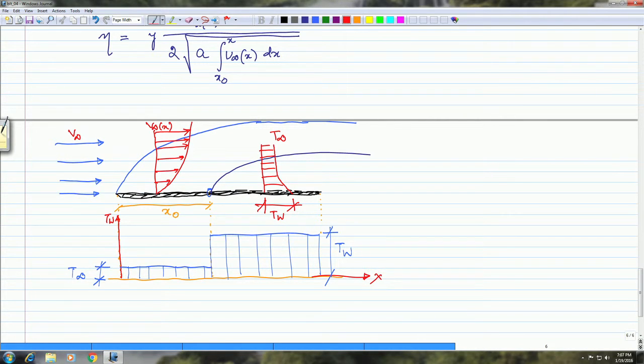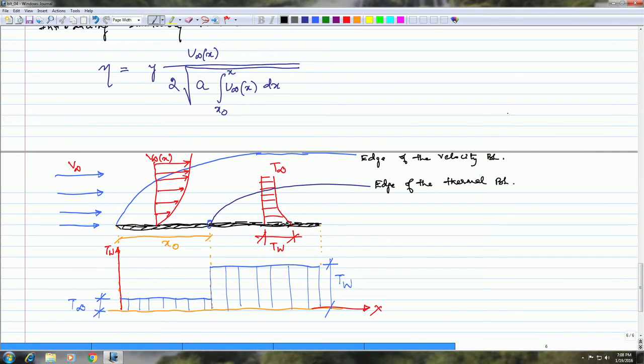Then this is the edge of the velocity boundary layer, and this is the edge of the thermal boundary layer. So basically I can label this.